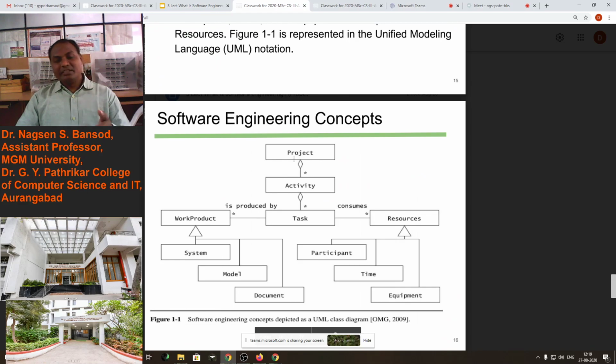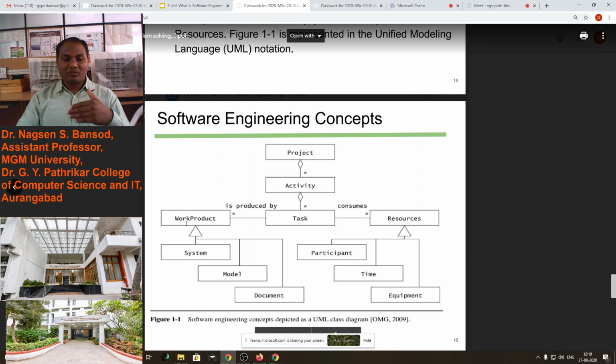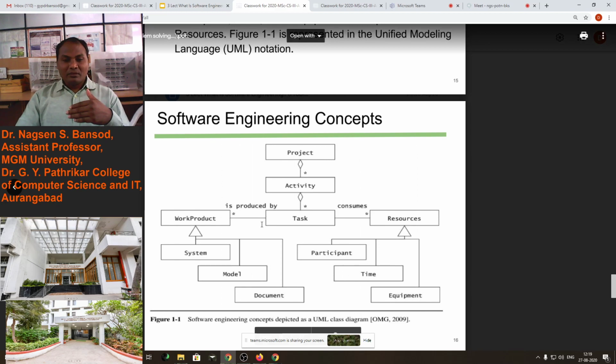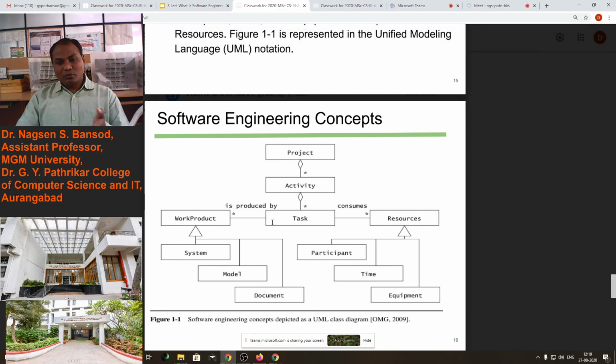What is the relation between project and activities? What is the relation between activities and task? What is the relation between task and resources, task and work product? All these relations we can show with the help of lines.